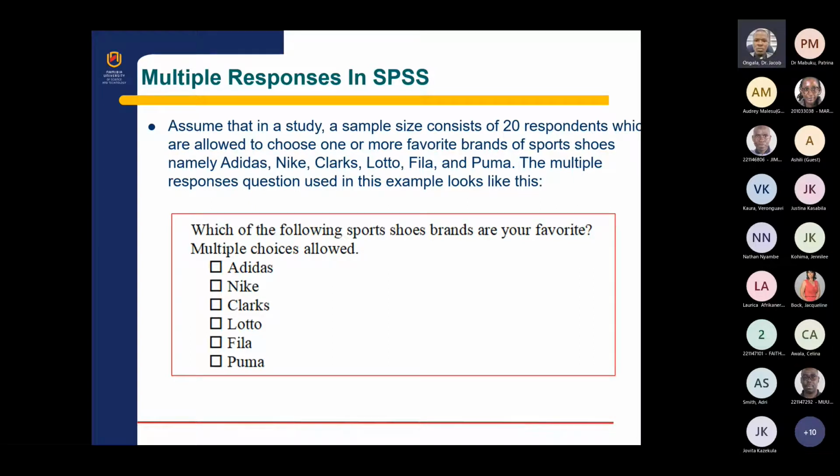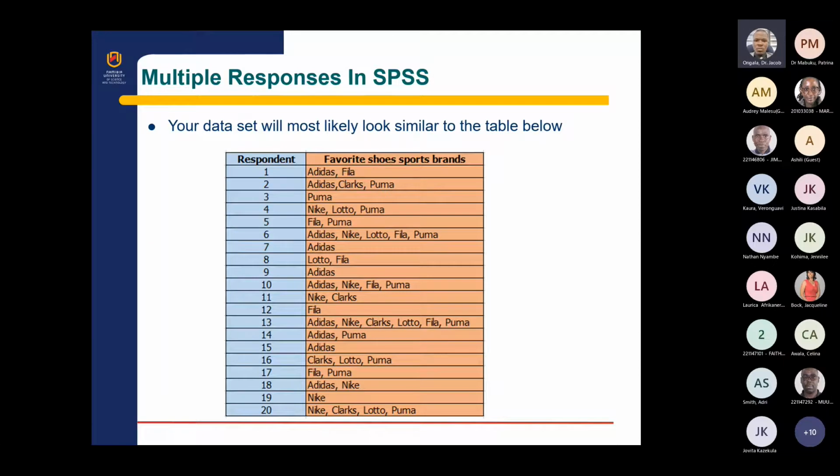If you are to collect this response from 20 respondents, you are likely to end up with responses like this. Respondent number 1 told you it is Adidas, Fila. Respondent number 2 told you it is Adidas, Clark, Puma. Respondent number 4 told you it is Nike, Lotto, Puma, and so forth. Person number 13 almost liked everything.